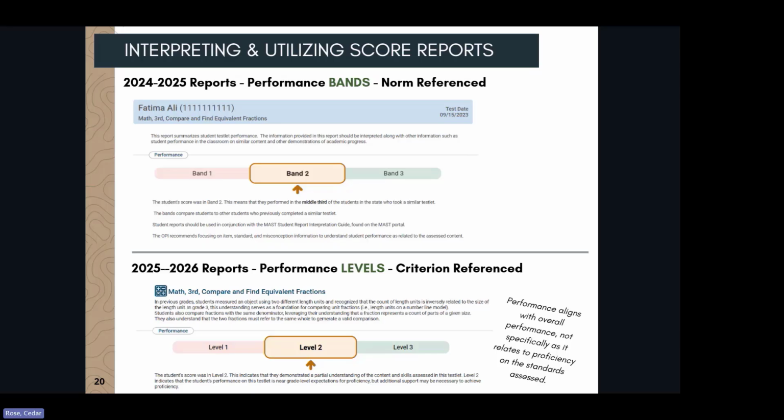Do keep in mind that we did not establish proficiency for each individual testlet, so it is relating to overall proficiency for the entire school year. When we look at the progress reports, it is nice that you can see, based on all the testing they've done up to that point, where they would be established. But that is a big move, so you might see students performing a little bit differently in their levels than they did on their bands last year.